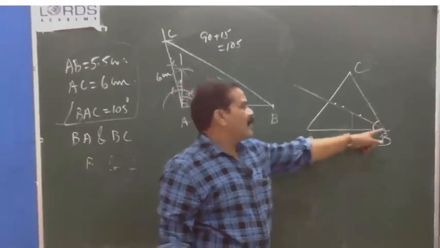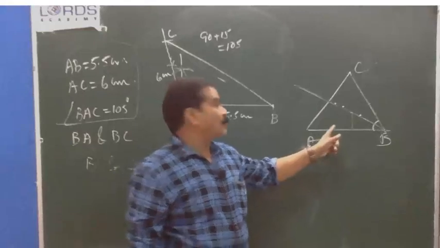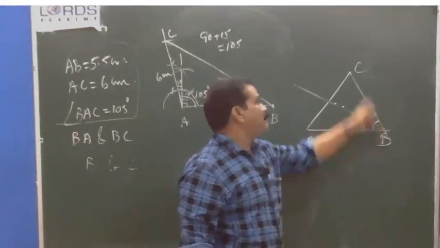Therefore, this angle bisector is called the locus of points equidistant from BA and BC.